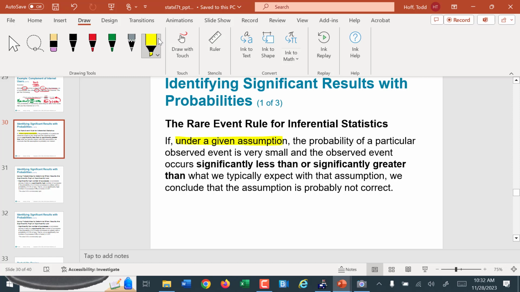If the probability of a certain event occurring is really small, but then it does occur, well, then we assume that assumption had to be wrong. The other is true as well. If the probability of a given event occurring under that assumption is really, really likely, but then it doesn't occur, well, again, we might assume that assumption was wrong.